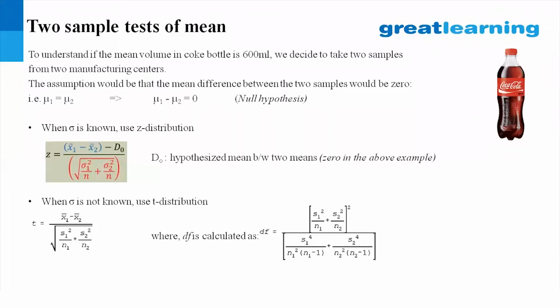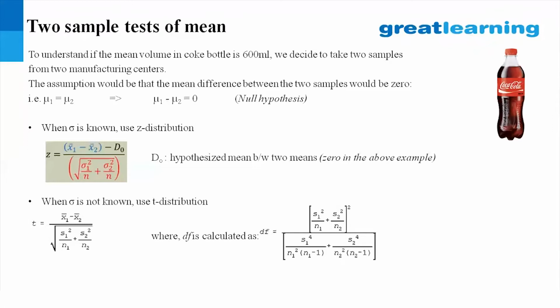Sometimes, to make things simpler, because you have a two sample test, people normally do n1 plus n2 minus 2. n1 is the first sample size, n2 is the second sample size. So normally people calculate degrees of freedom as n1 plus n2 minus 2 for a two sample test.